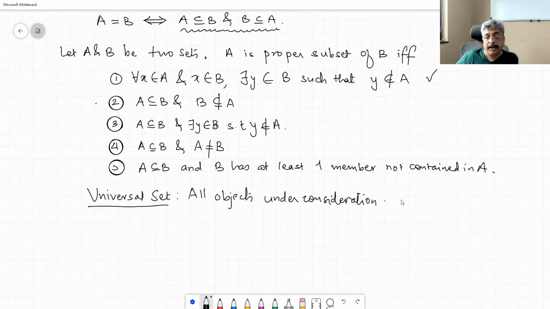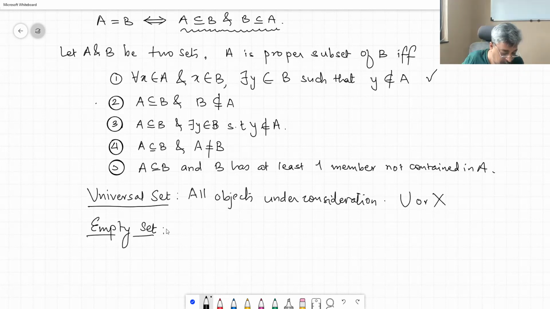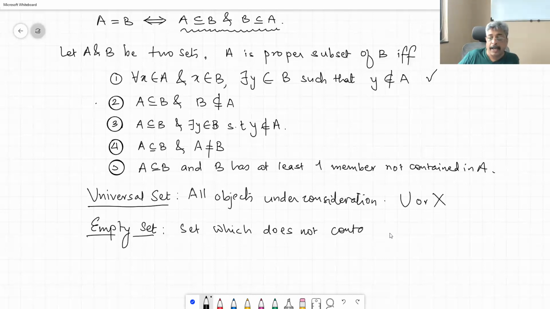Normally denoted by letter U or capital X. What do we mean by empty set? A set which does not contain any element is an empty set.